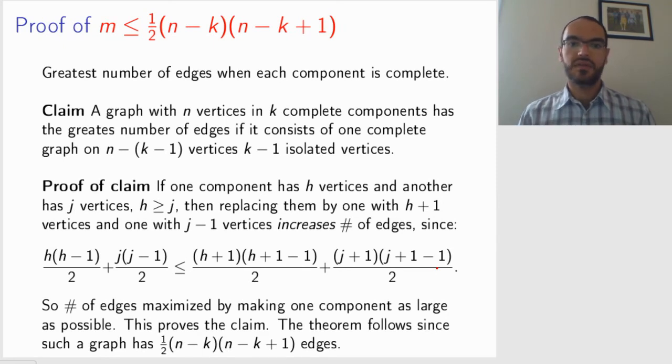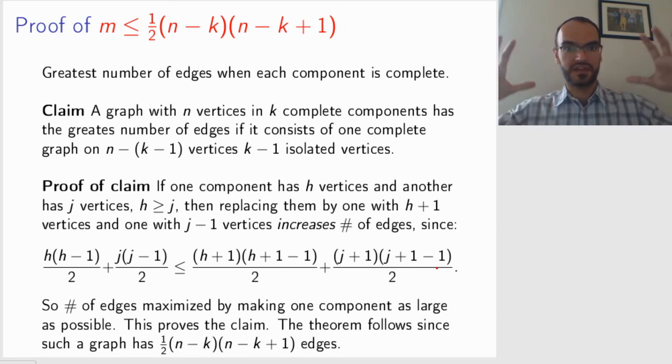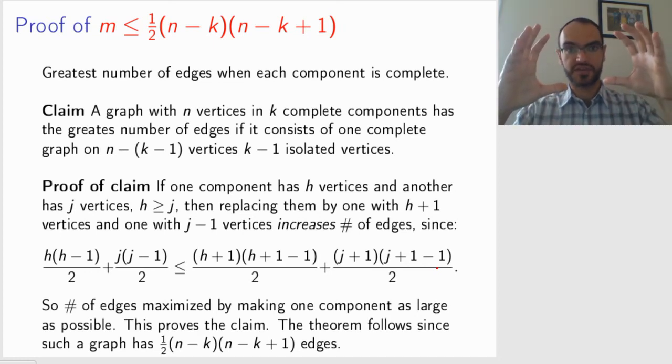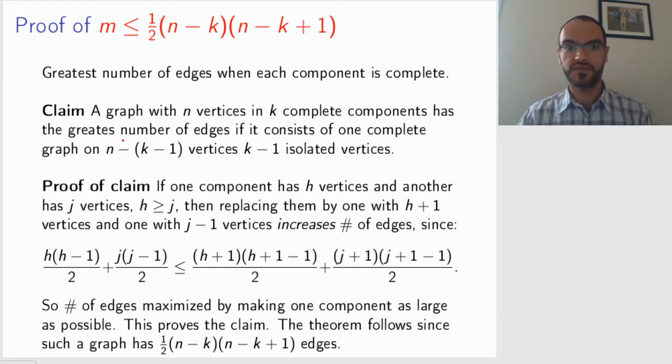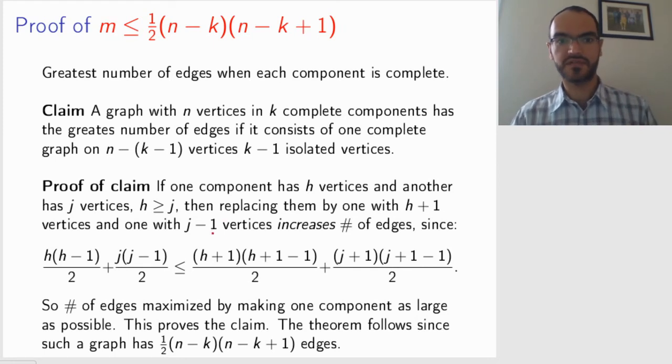And now, once I have proved the claim, the theorem follows, because such a graph, this monster graph, where I have one component which is the complete graph on n minus k minus 1 vertices and the rest isolated vertices, well, since the isolated vertices don't have edges, the number of edges of such a graph is the number of edges in the complete graph on this many vertices.